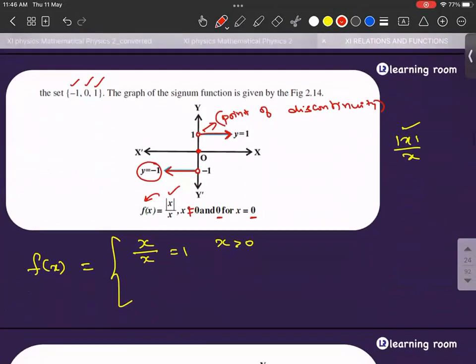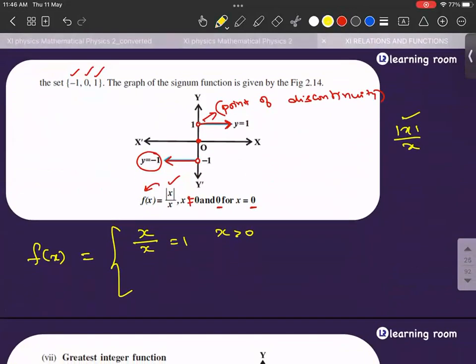Mod x when x is less than 0. What is the value of mod x when x is less than 0? It is -x. But the denominator x is x only. So what is -x by x? Minus 1. When x is equal to 0, it is 0 itself. That is how the signum function is defined.